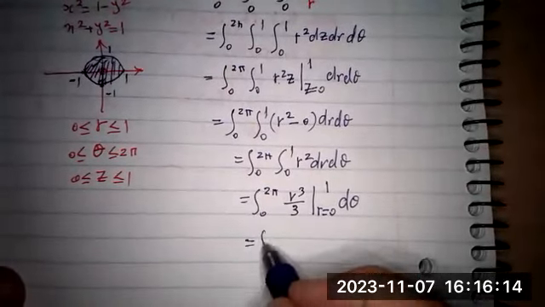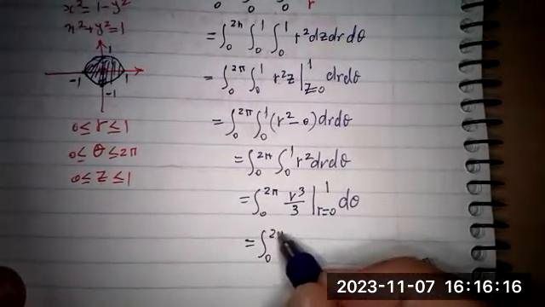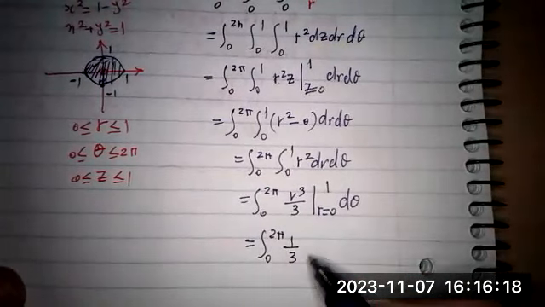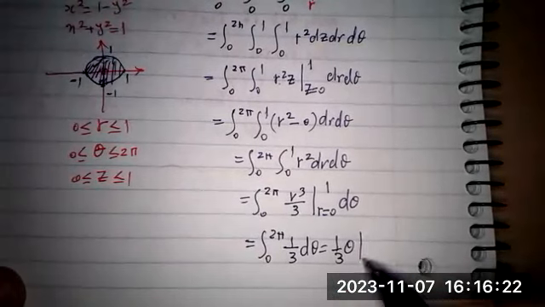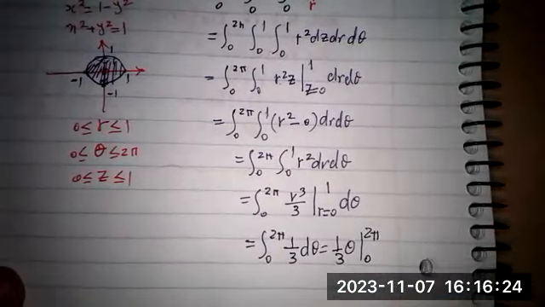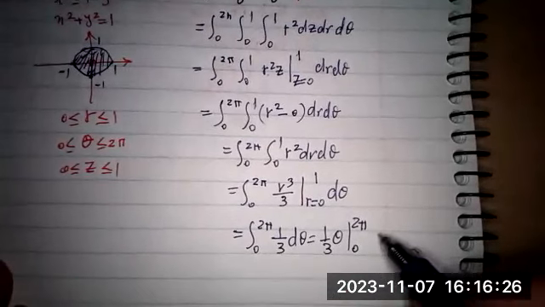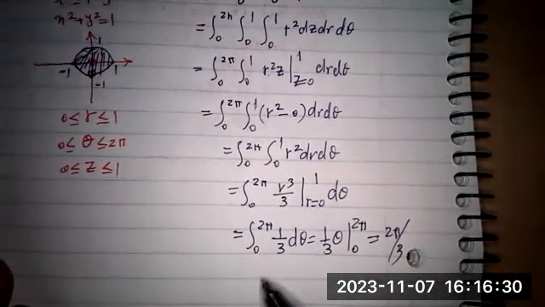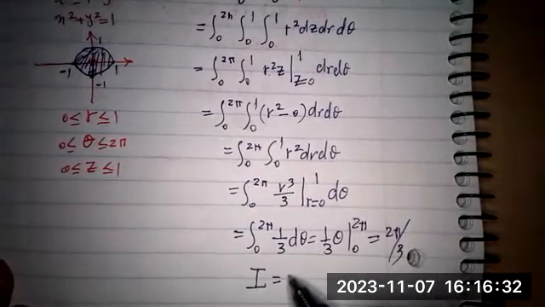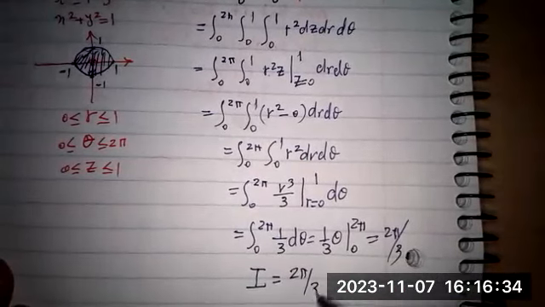So it's the integral from 0 to 2 pi of 1/3 d theta, which is 1/3 of theta between 0 and 2 pi. If you put in 2 pi, that gives you 2 pi over 3. So 2 pi over 3 is the final answer. I is equal to 2 pi over 3.